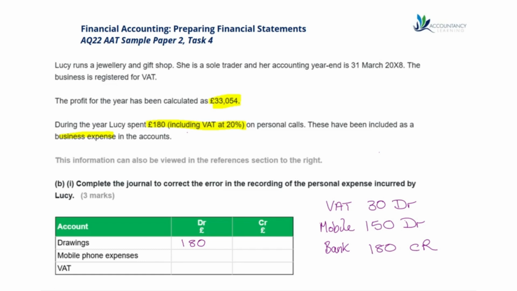So she'll take the full cost of the 180 in drawings, and then we need to reverse out what's happened for the VAT and the mobile expenses. So she can no longer reclaim the VAT from HMRC, so that becomes a credit. And we're reducing the mobile expenses by the net amount, which is the credit of 150.